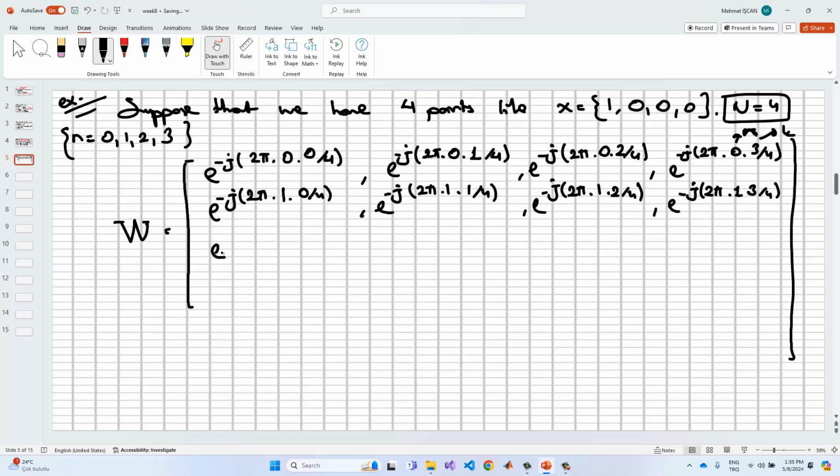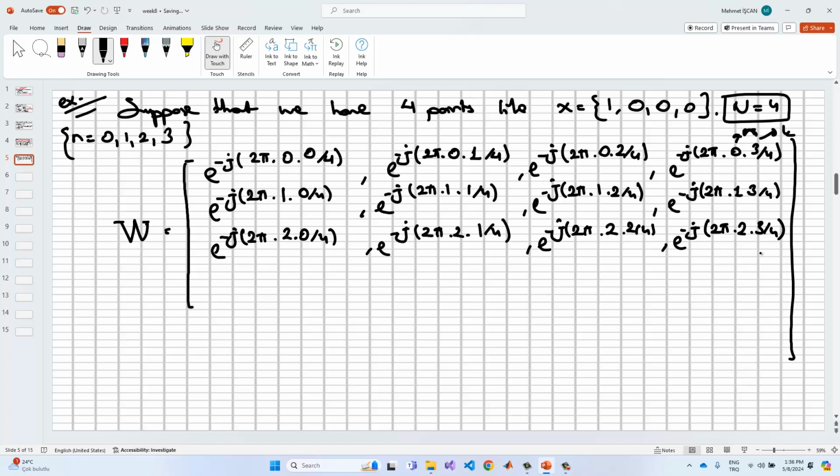And so in the third case we have e to the minus j 2 pi 2 times 0 over 4, e to the minus j 2 pi 2 times 1 over 4, e to the minus j 2 pi 2 times 2 over 4, and e to the minus j 2 pi 2 times 3 over 4.